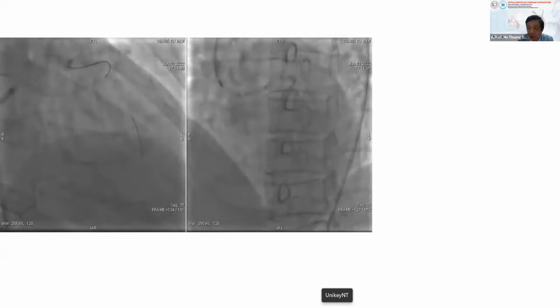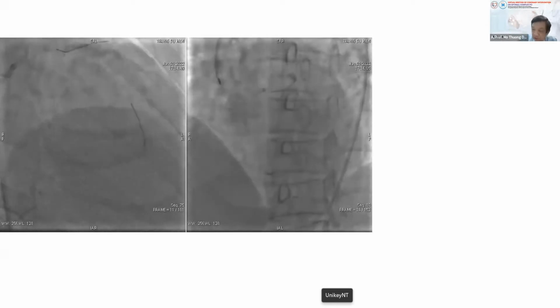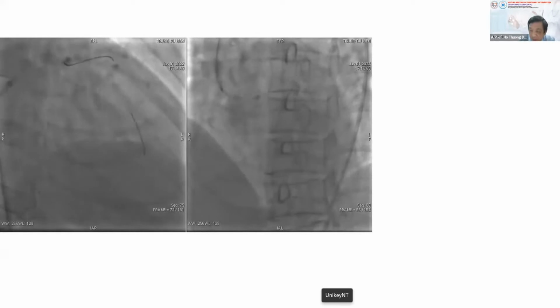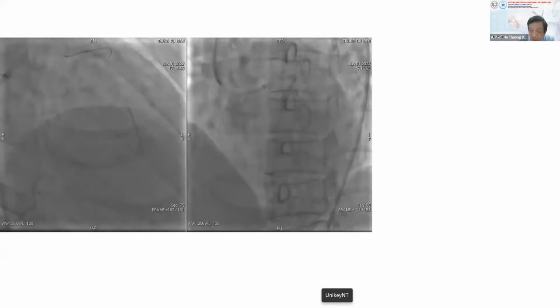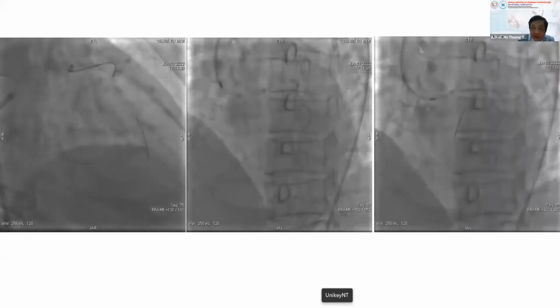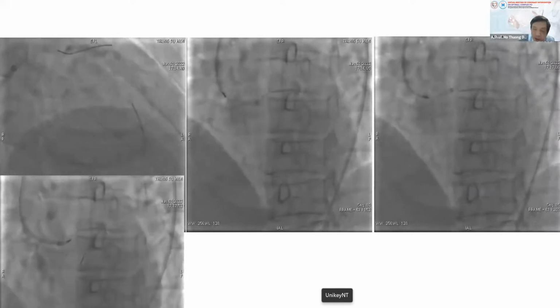So I tried to manually bring the burr over the stent to the proximal segment of the left main. Very difficult. But you see, the burr always likes to go out, not come in.